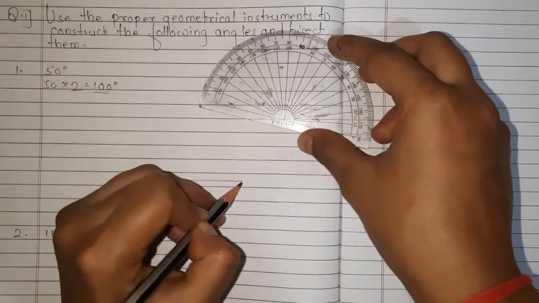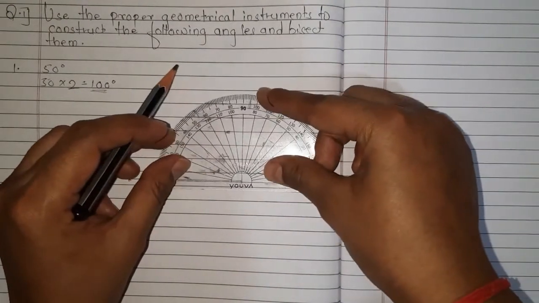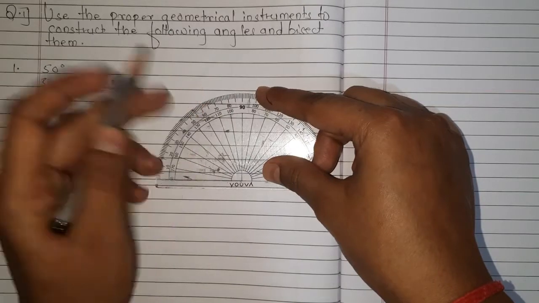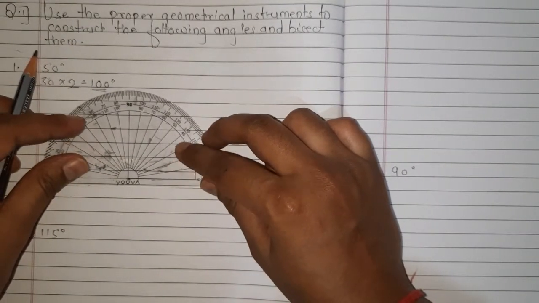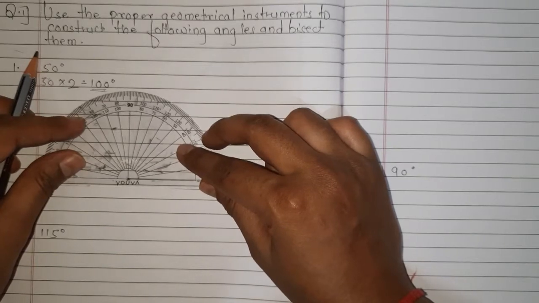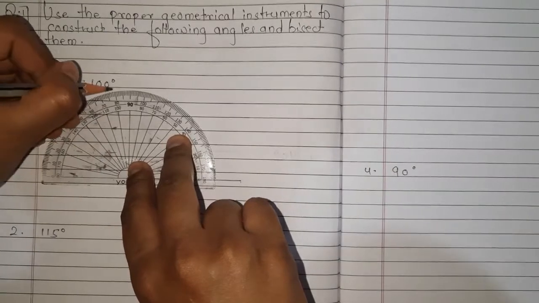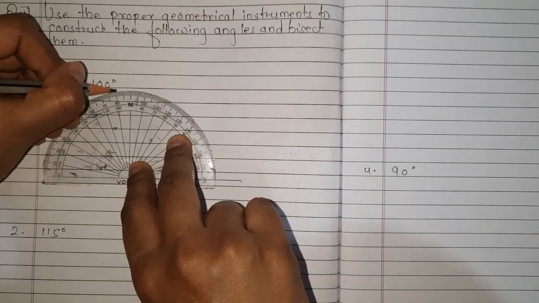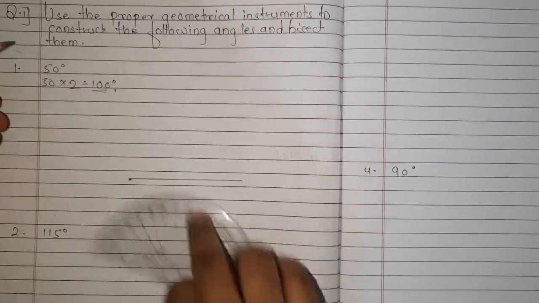If you are marking the vertex at the right hand side, you have to consider the measurements given on the outer side. But I have marked the vertex on my left hand side, so that is why I am considering the inner measurements. Like this, see, 100 degrees.